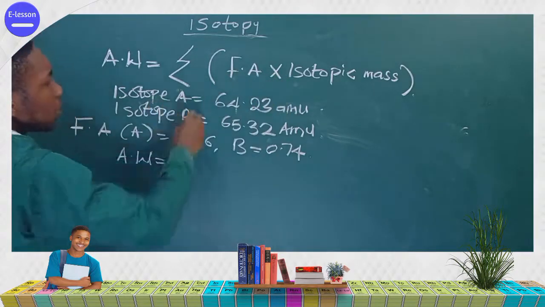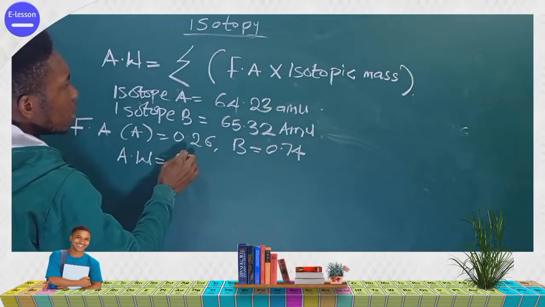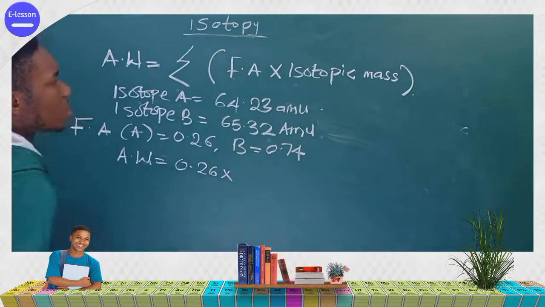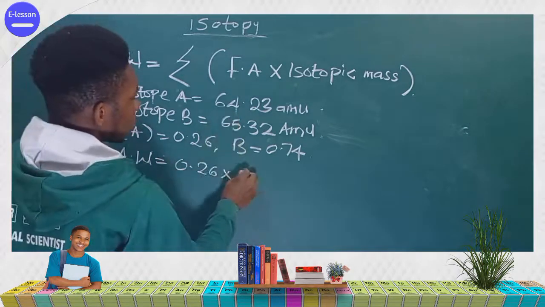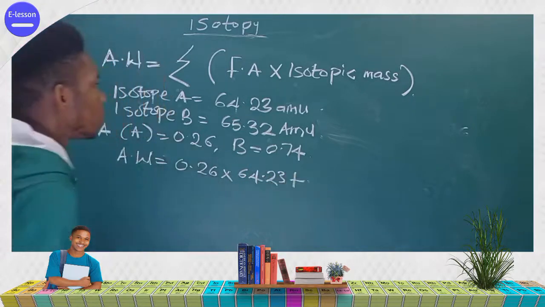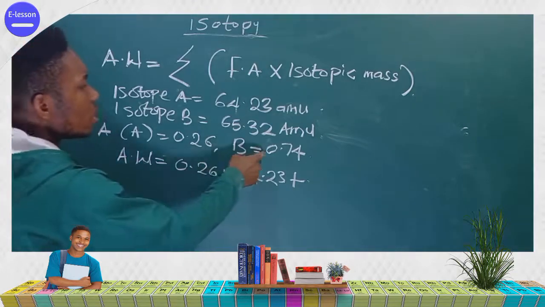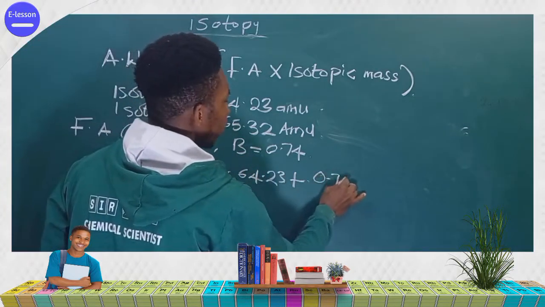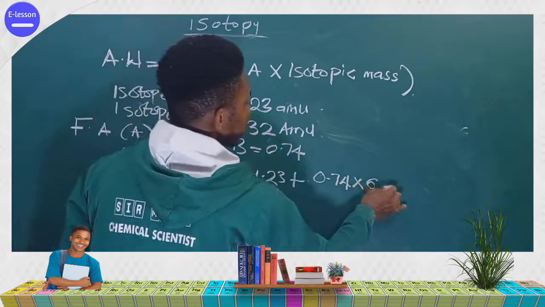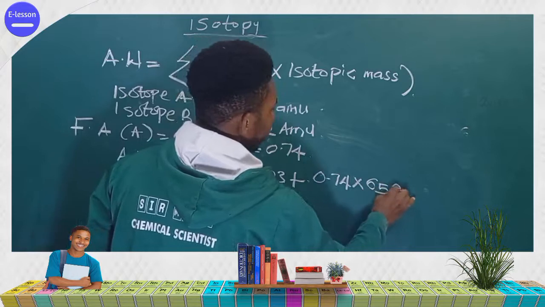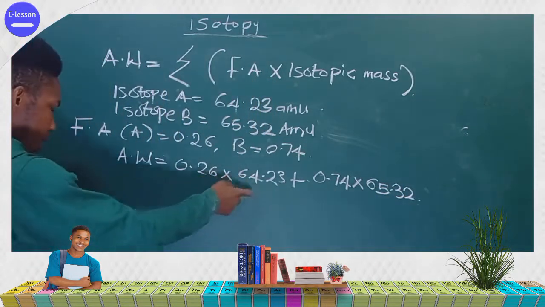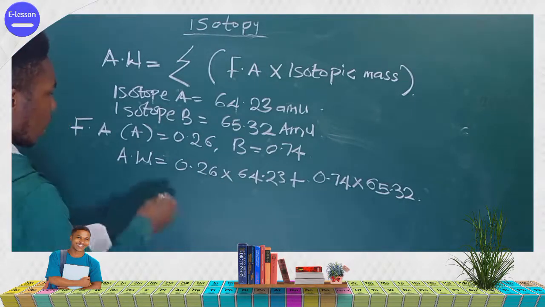For isotope A, the fractional abundance is 0.26 times the isotopic mass 64.23, plus the fractional abundance for isotope B, 0.74, times the isotopic mass 65.32. So we do this multiplication and you get your answer.